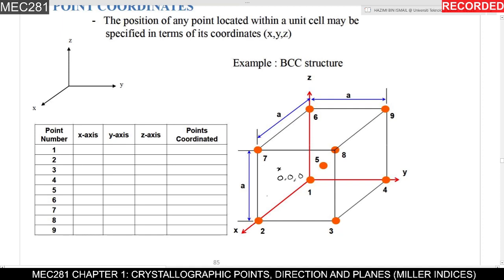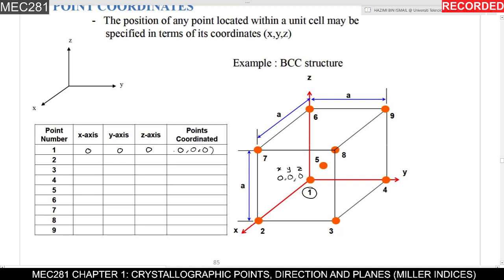At the x-axis, it is at origin, so it is 0. At the y-axis, it is also at origin, so it is 0. And the z-axis is also at origin. So you put here 0, 0, 0. So the point coordinate of point 1 here is 0, 0, 0.